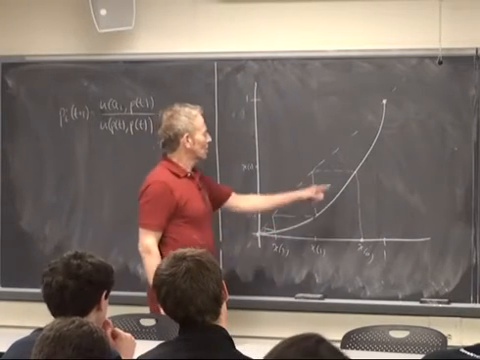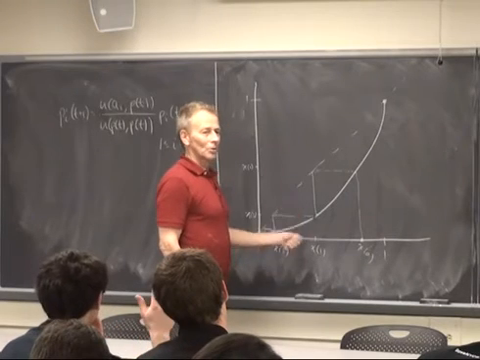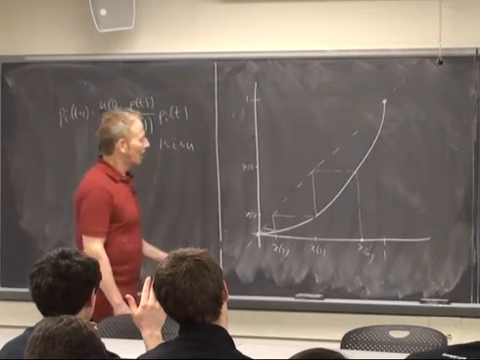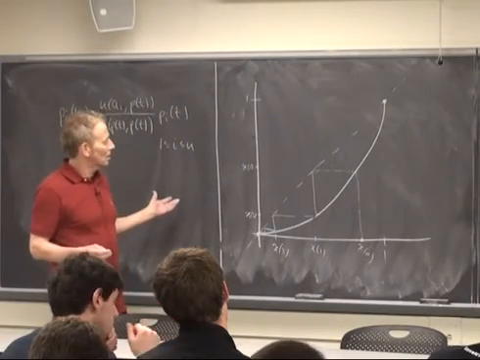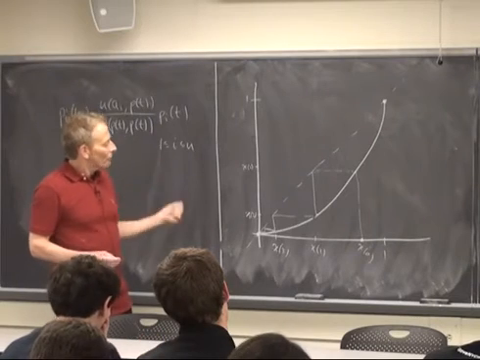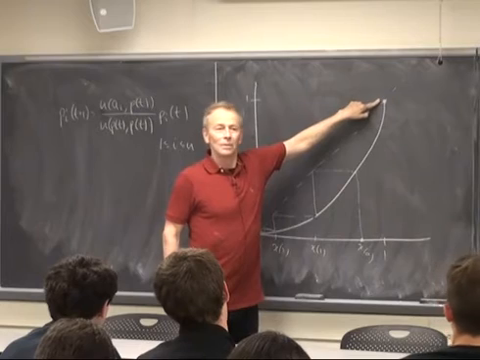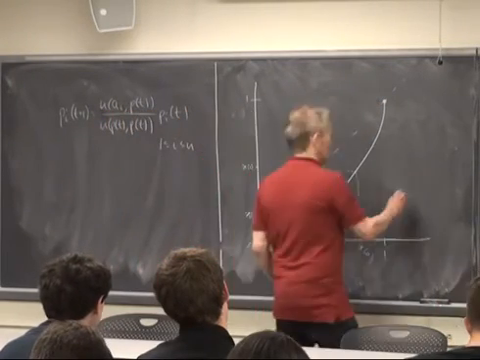You go up to the curve, then you go over to the y equals x line, then you go to the curve again in a vertical direction. Then you go to the y equals x line, then you go to the curve again in a vertical direction. And that's how you track your x's. And just by looking at this picture, you can see that for every x of 0 except for x of 0 equals 1, x of t approaches 0 as t goes to infinity.